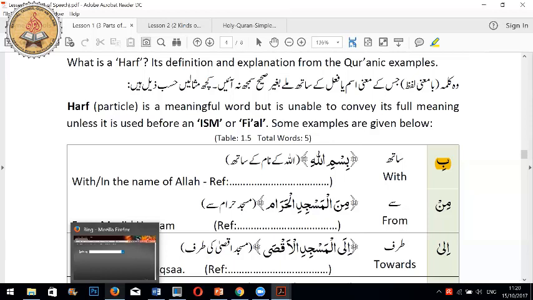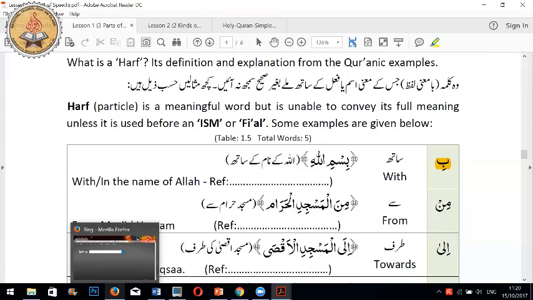So B means with, and there are many usages of B. Inshallah ta'ala we will learn in future. It's not only the meaning of with, there are some other meanings very much related to that one. For example, one meaning of B is also through. Ya ayyuhalladhina amanu ista'inu bis-sabri was-salah.